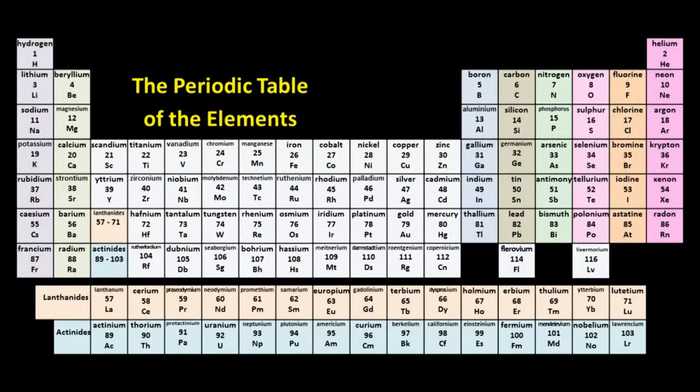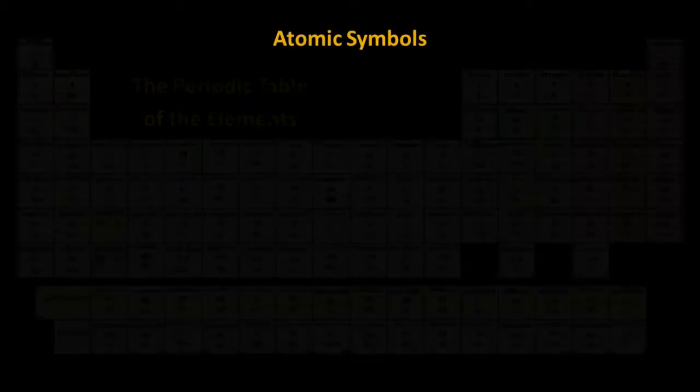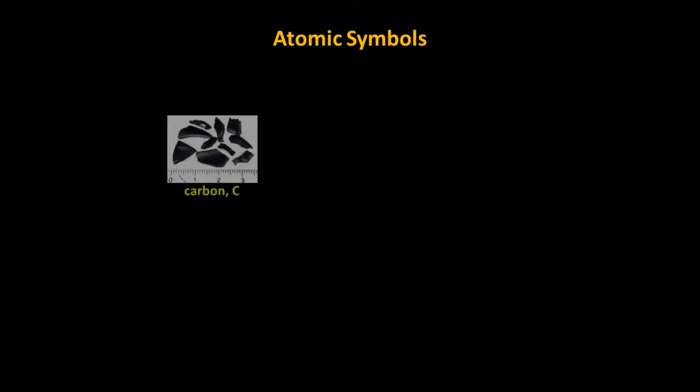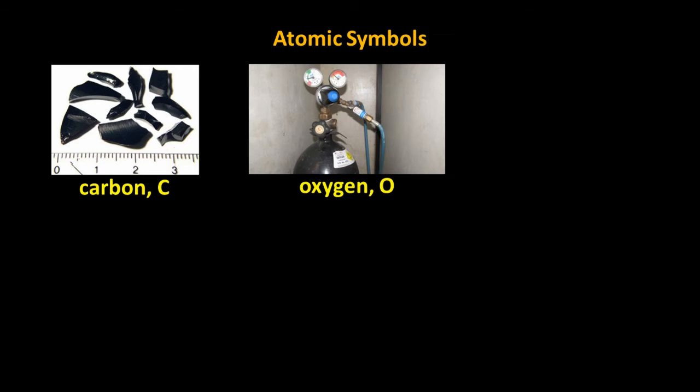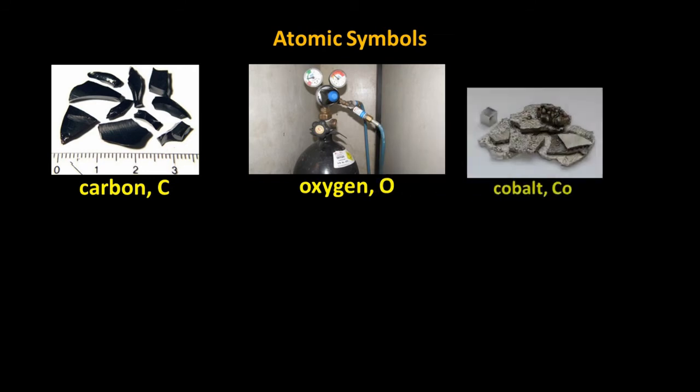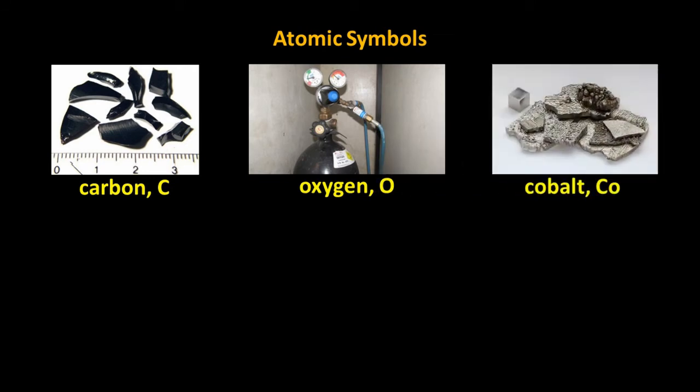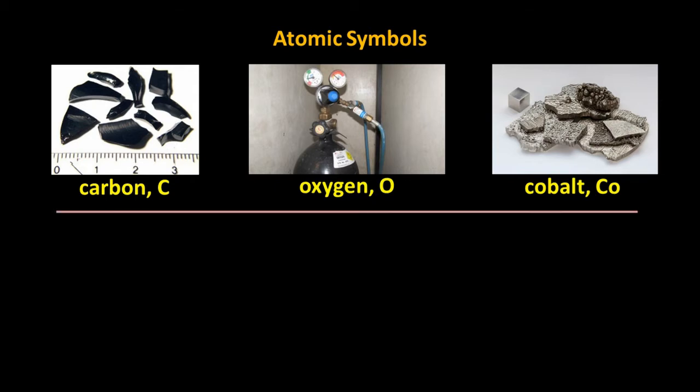The so-called periodic table of the elements lists all the elements along with their symbols. So, while the atomic symbol for carbon is capital C, and capital O is the atomic symbol for oxygen, capital C lowercase o, Co, is the atomic symbol for cobalt, a type of metal. If a substance is made of two or more atoms that have joined together, it's represented by a chemical formula.